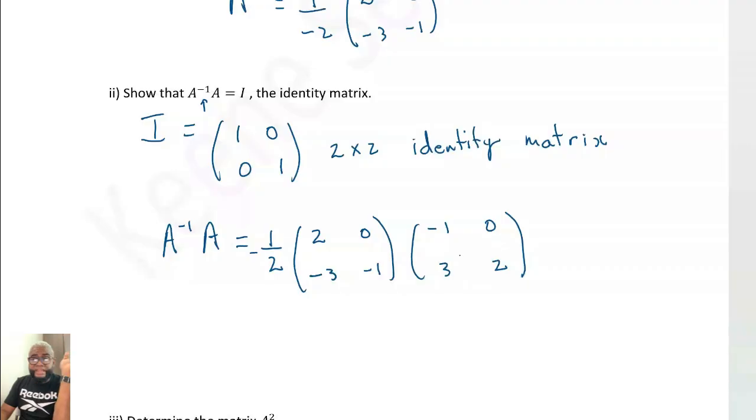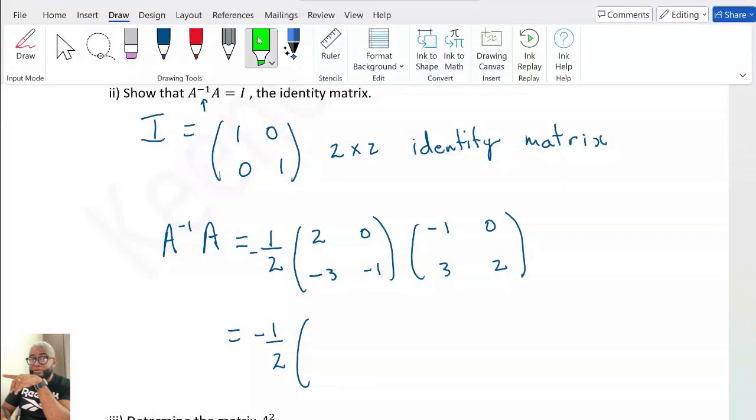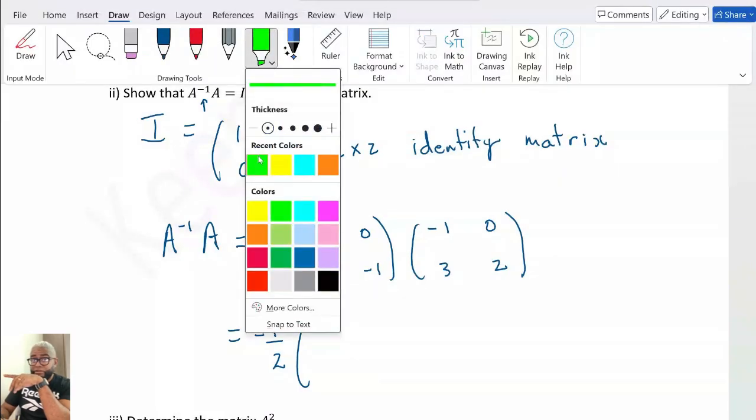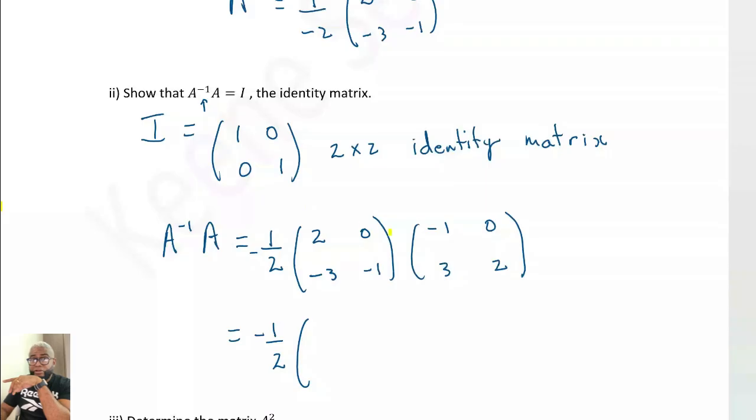Let me leave that negative half outside, and at the end, we will deal with it, right? So let me go. So I'm putting back the negative half, right? And I'm going to do my matrix multiplication. Boys, you all weren't here when we did that, right? So let's go. It's going to be row by column.